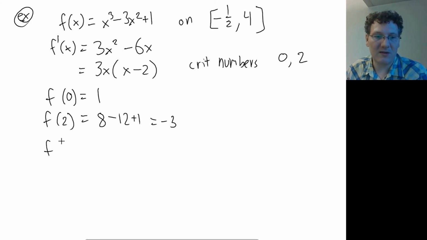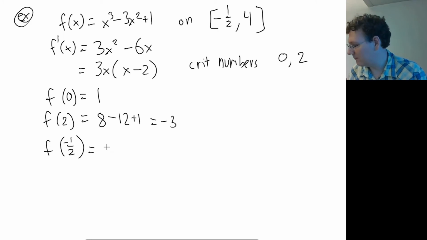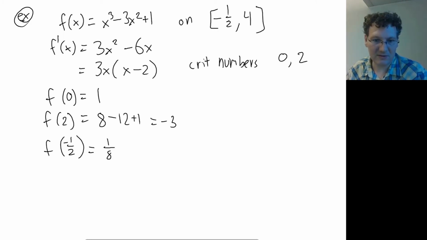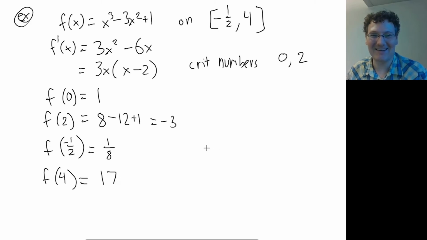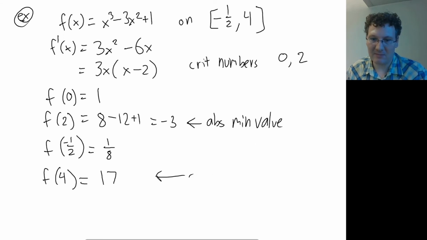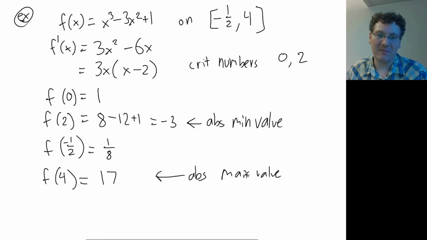Then you're also going to evaluate the endpoints, f of -1/2, and just working that out, this comes out to 1/8, just trust me on that, and f of 4, also just trust me, comes out to 17. So after you do all that, we then just compare them. And you can see this is the absolute minimum value, and this is the absolute max value. That's the idea.